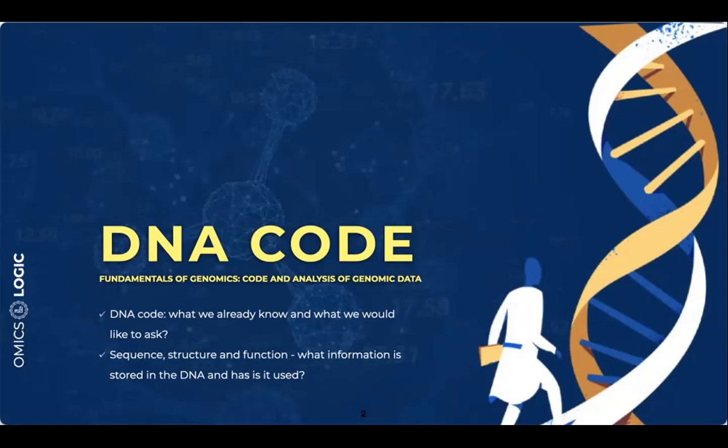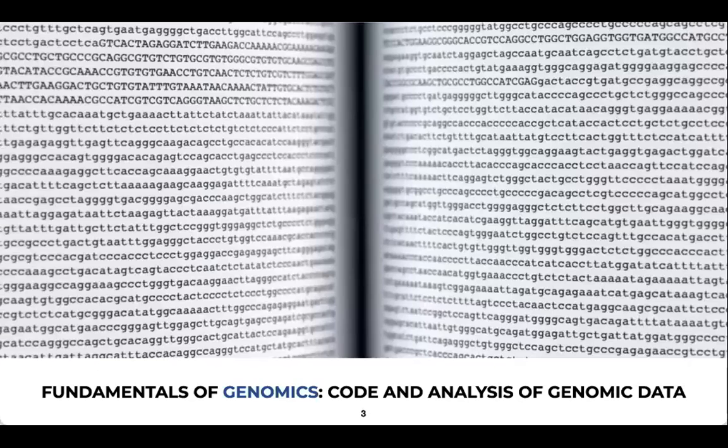So let's review what we already know about DNA code. Just like a book, the DNA code is organized as letters that form sentences, sentences that form paragraphs, and paragraphs that are organized into chapters.